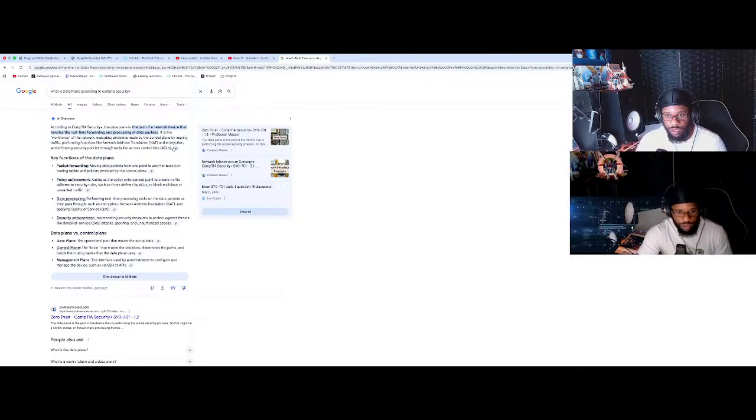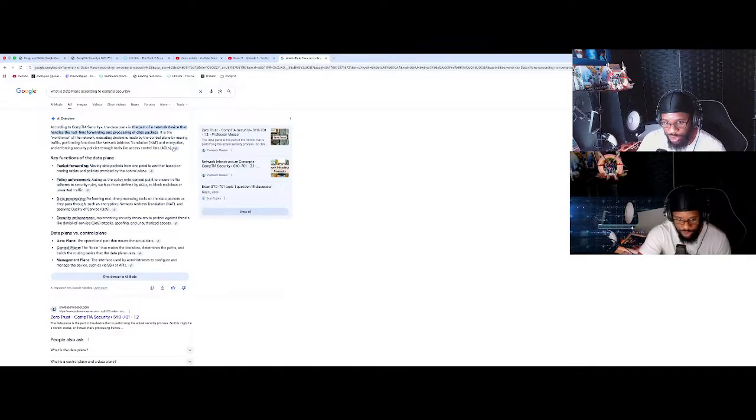All right, key functions of the data plane: packet forwarding, policy enforcement, data processing, security enforcement. So again, the control plane is the brain of the network. It makes the decisions, determines the paths you're going to take, and builds the routing tables. The data plane is where the data is actually moving. So it's like the veins of the network.